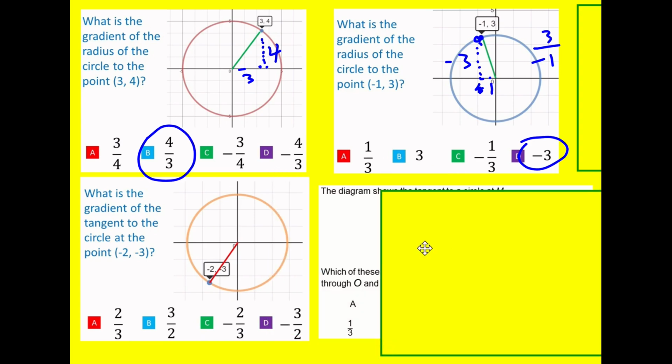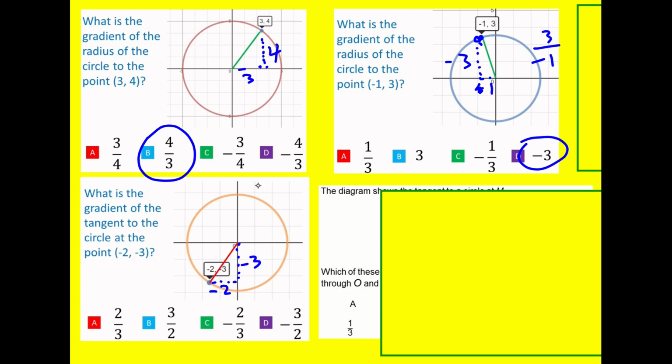Right, what's the gradient of the tangent to the circle at the point -2, -3? The tangent. Okay, we first of all need the gradient of this radius line, and I'm going back -2 and down -3.